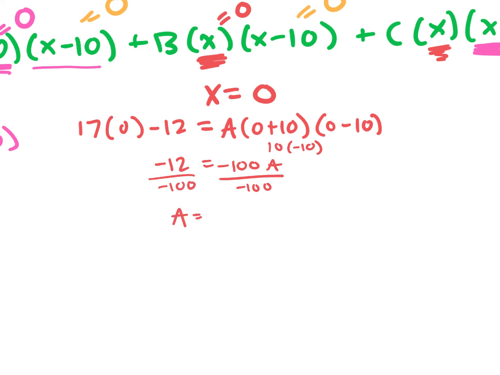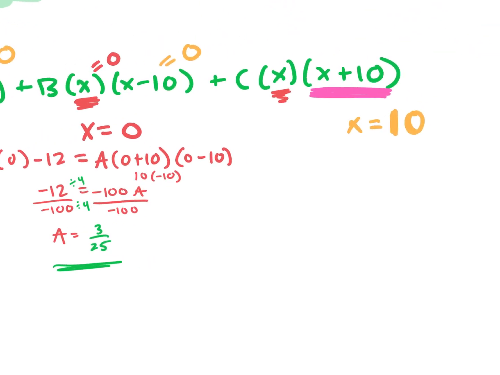So a is equal to what? 3 over 25. I can divide both of these by 4. So 3 over 25. Perfect. So that's A.